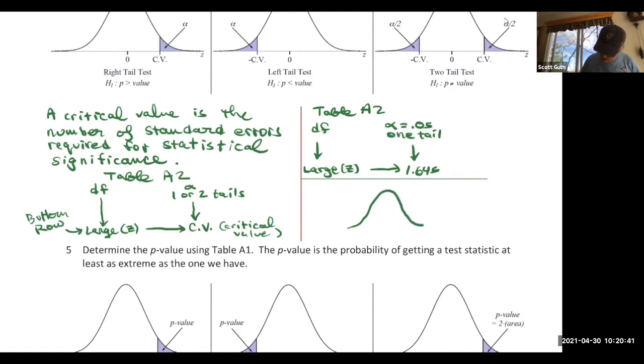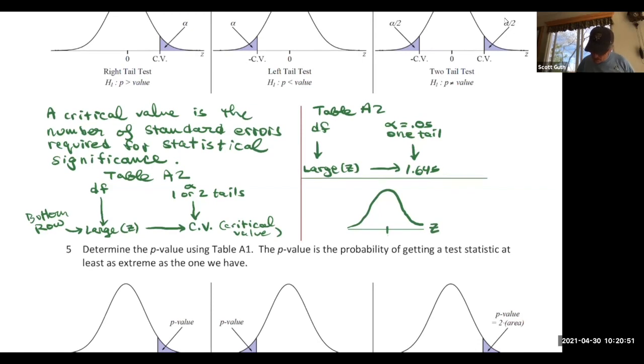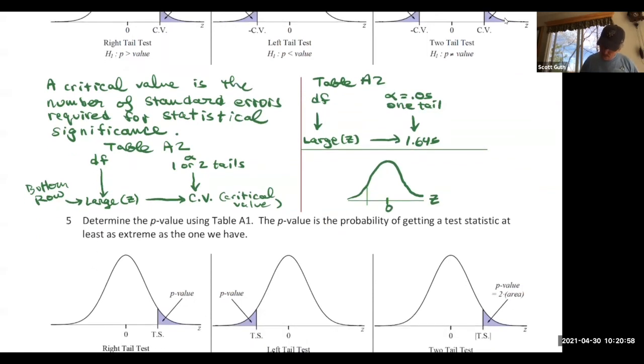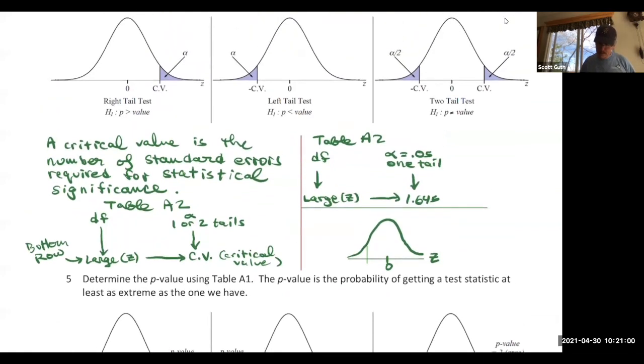This is a left tail test on the normal distribution, so we use a z. Okay, z is centered at 0, and 1.645 is the number of standard errors to be statistically significant. Because it's a left tail test, notice how on the left tail test, we make the critical value negative. Makes sense. So whatever you look up, you need to make it a negative, this time negative 1.645.